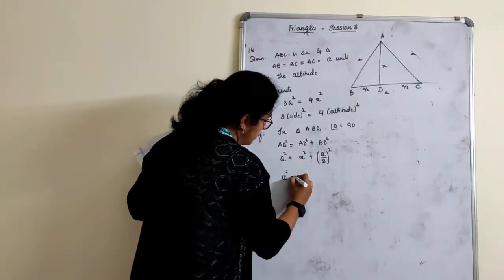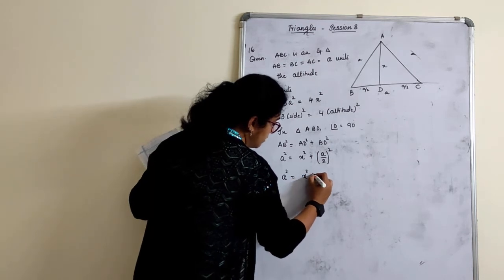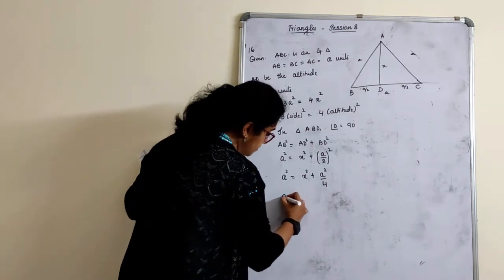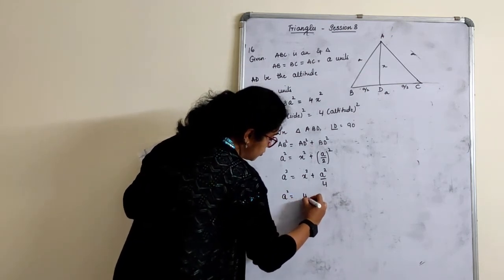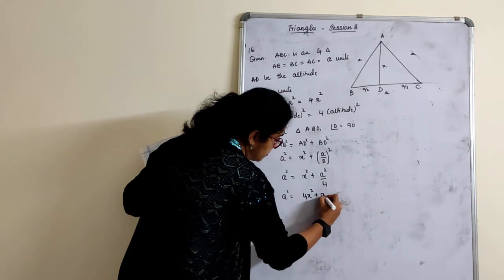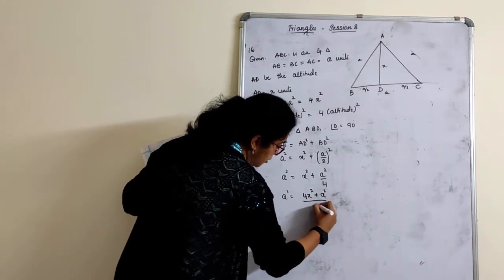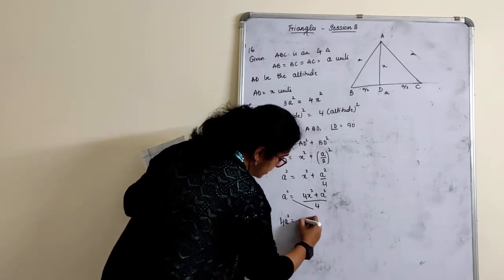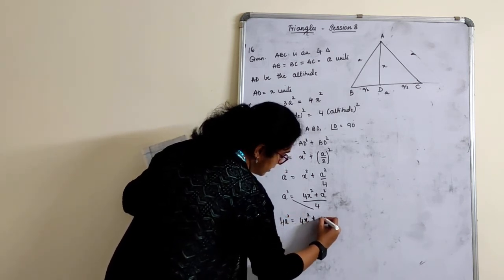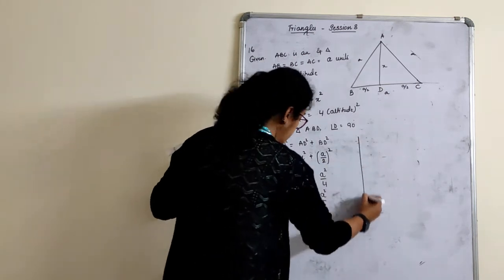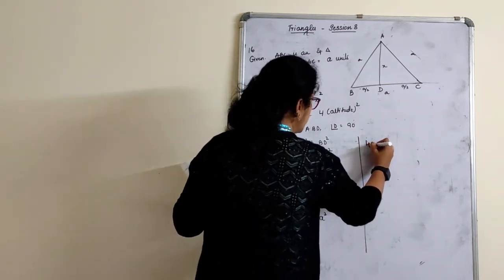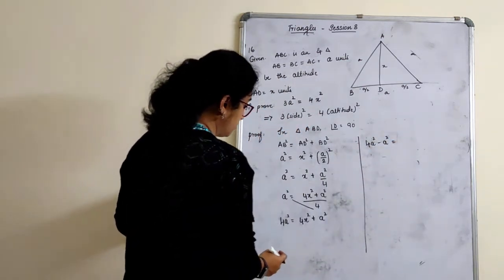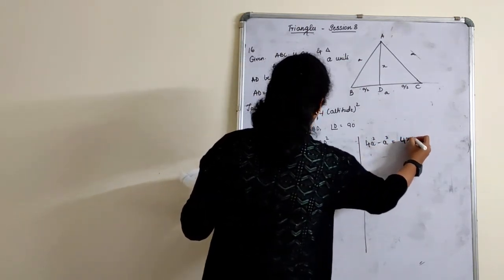So a square is equal to x square plus a square by 4. Take LCM. a square is equal to 4x square plus a square upon 4. This 4 you can shift here. 4a square is equal to 4x square plus a square. 4a square minus a square is equal to 4x square.